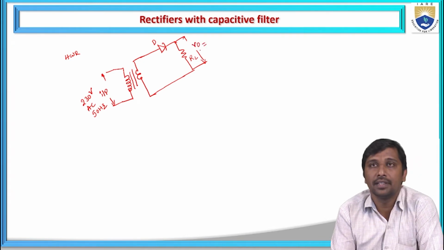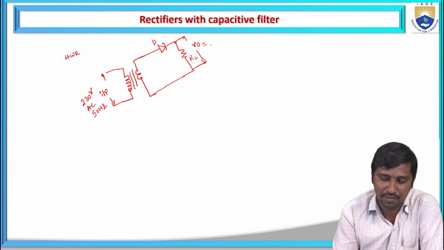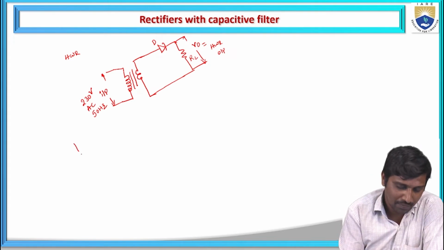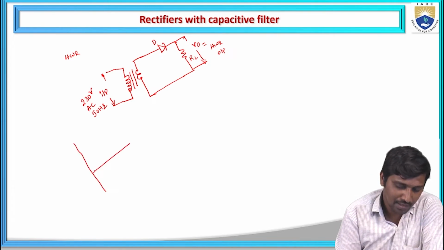This output voltage acts as a half-wave rectifier output, and this circuit produces an output whenever we apply a sinusoidal input.